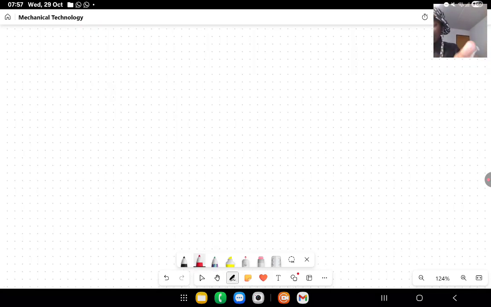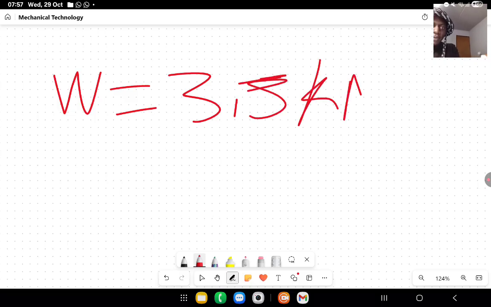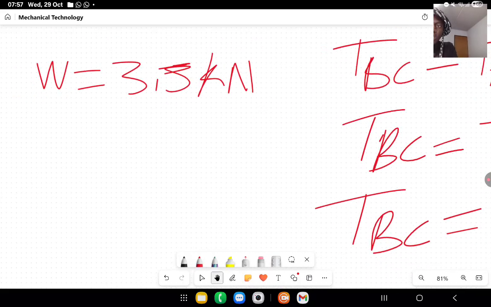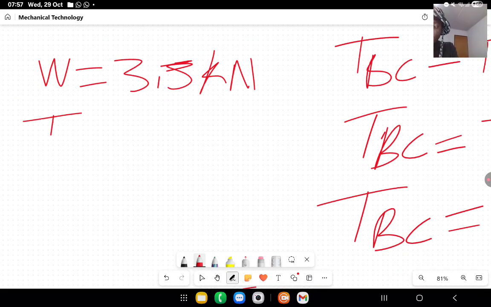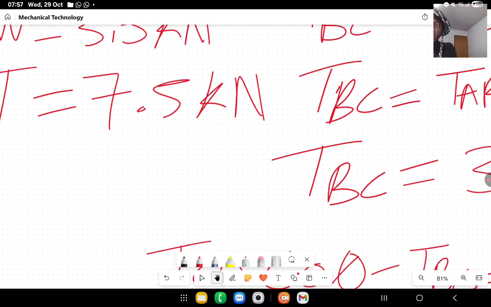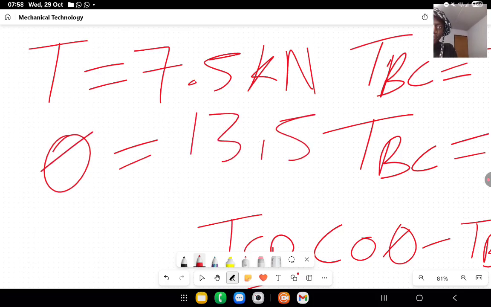Okay. Therefore, we have said that the first weight was 3.5 kN. After that, T is 7.5 kN, which was given to us. The angle we get is 13.5.